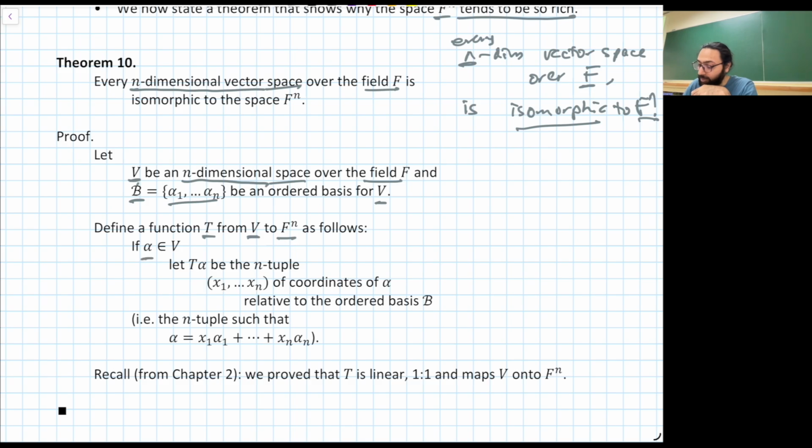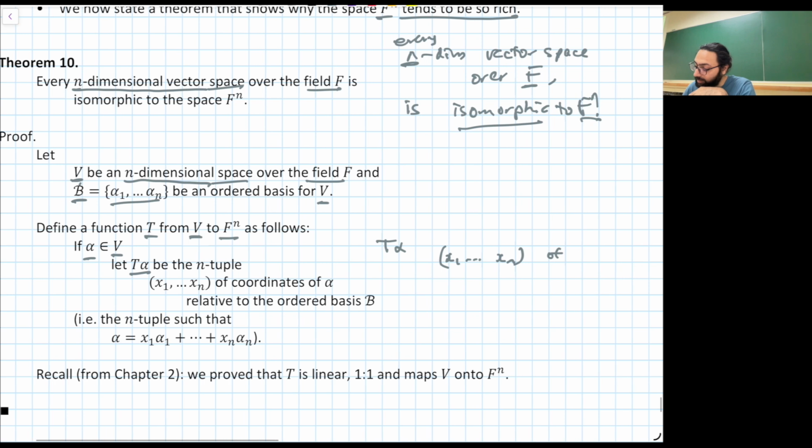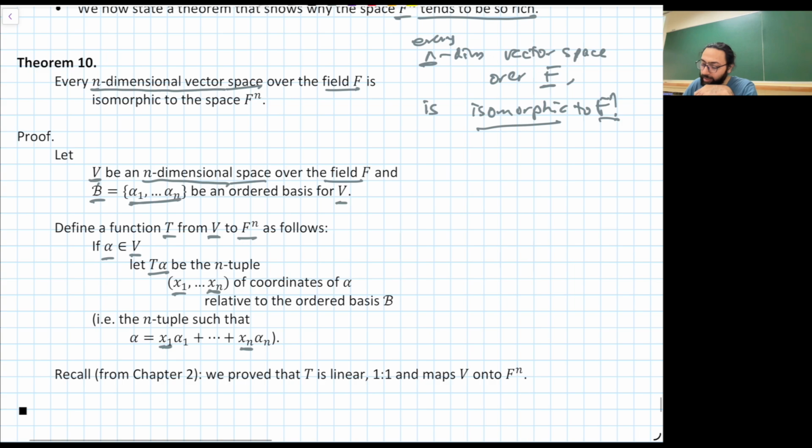If alpha belongs to the vector space V, we let T alpha be the n-tuple (x1, ..., xn) of coordinates. These x1 to xn are just the coefficients, right? You have some basis, and you're writing an arbitrary vector in terms of this basis.